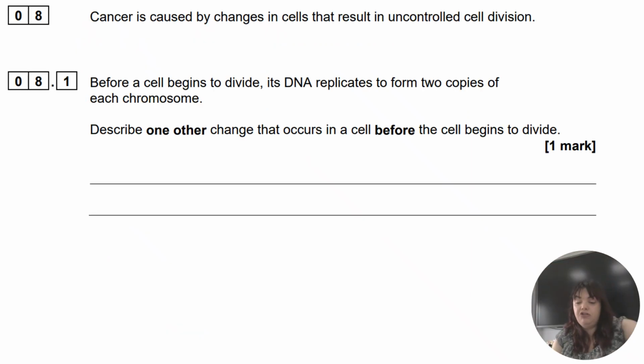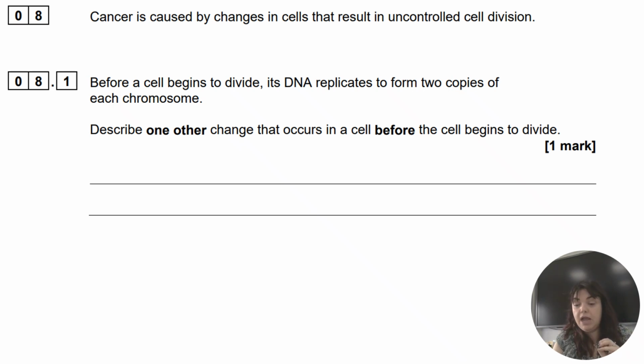Cancer is caused by changes in cells that result in uncontrolled cell division. Before a cell begins to divide, before it even starts to enter mitosis, its DNA replicates to form 2 copies of each chromosome. One other change. Okay, now you can say increase in subcellular structures. That's fine. Increase in mitochondria, increase in ribosomes, increase in respiration, increase in protein synthesis.